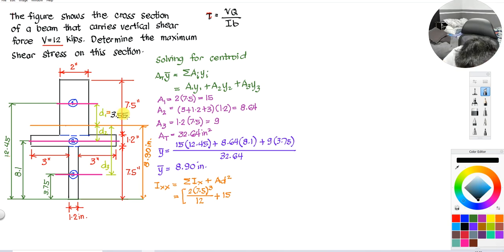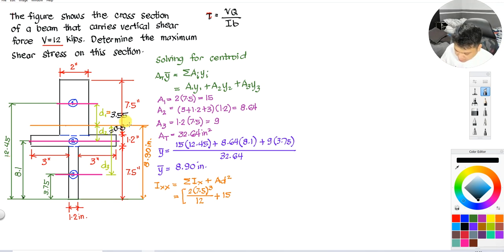Next, ano naman yung D2? So, yung D2, mula dito hanggang baba, that's 8.9. At mula baba hanggang dun sa centroid ng second cross-section is 8.1. So, pag minus ko, 8.9 minus 8.1. So, that's 0.8.